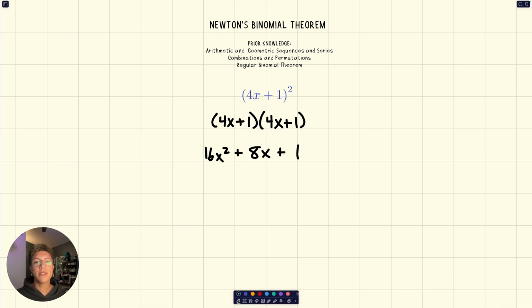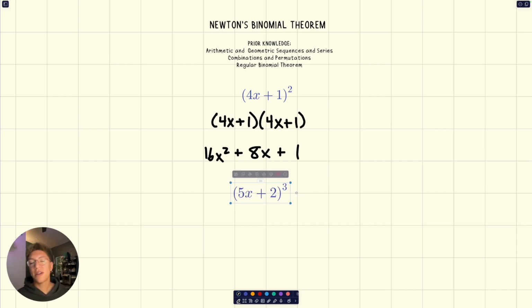One of the things we could also take a look at is, what if this expression was raised to the third power? We could repeat the process for this one as well.